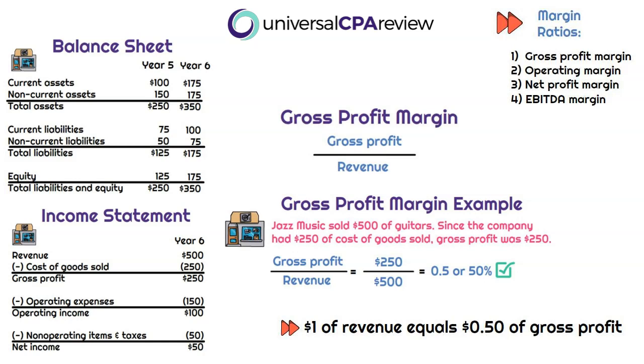So while this could be a high gross margin for certain industries, it could be lower for others. But what's important is to understand how to compare this ratio to last year, to the current year, to forecasted amounts, right? Gross profit margin is one of the key things that investors will look at because that helps them understand how much profit is being generated on their products, right?